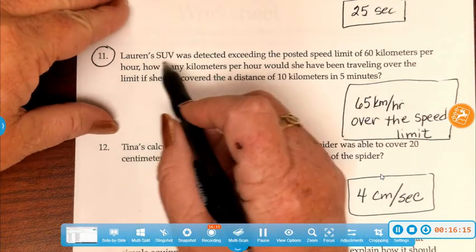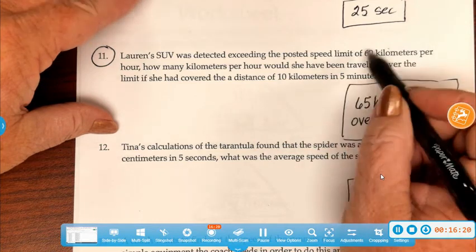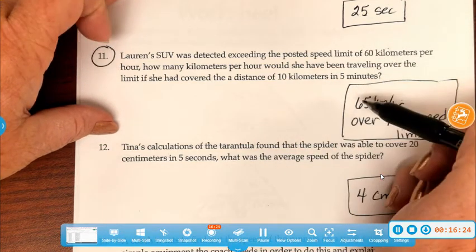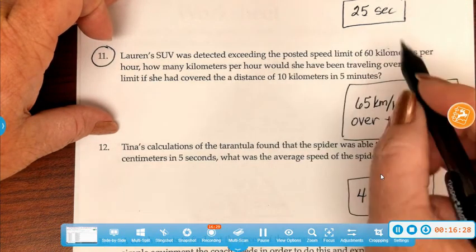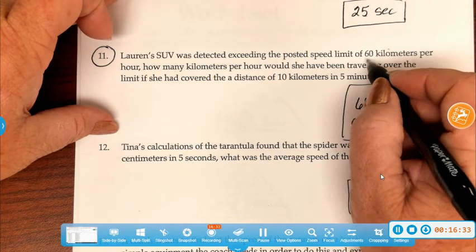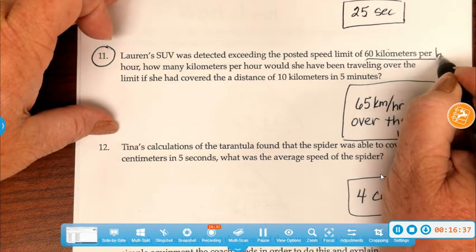So what they're giving us here is some extra information. This time we have 3 numbers. We have 60 kilometers per hour, we have 10 kilometers, and we have 5 minutes. They're just telling us here that Lauren's SUV was exceeding the posted speed limit of 60 kilometers per hour.